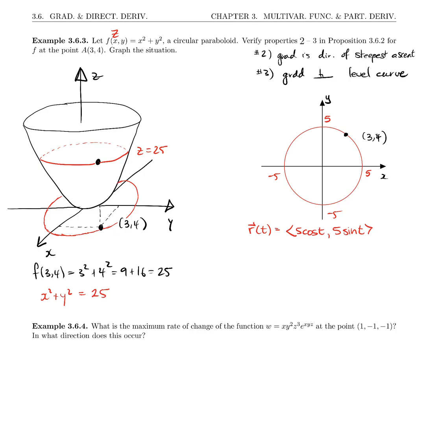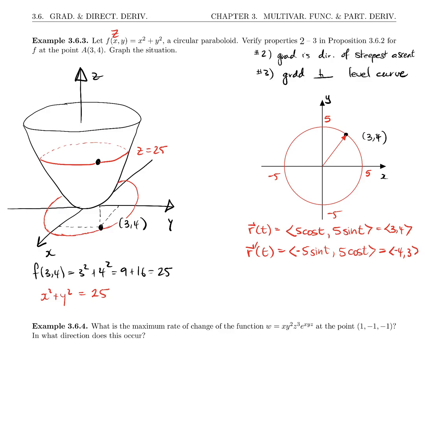We want the direction of the curve, so we want the tangent vector r prime of t, which is (minus 5 sin t, 5 cos t). And if we want our radial vector at the point (3, 4), then 5 sin t is 4, so our tangent vector is minus 5 sin t, minus 4. 5 cos t is 3, so (minus 4, 3).